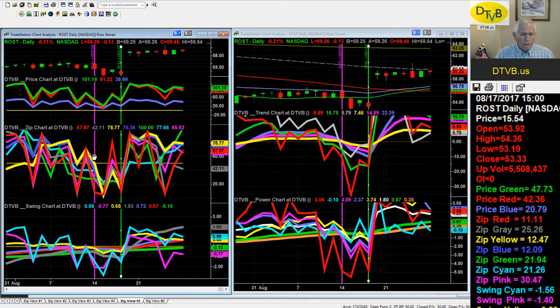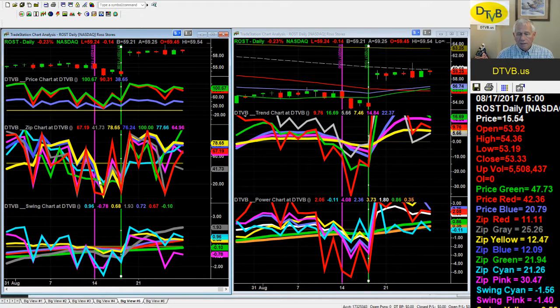One thing you recognize when Zip Yellow is near that 50 line, obviously you can think that Zip Yellow is going to react and go back up. So that's one strong implication that you have when you're down touching close to the 50 line.